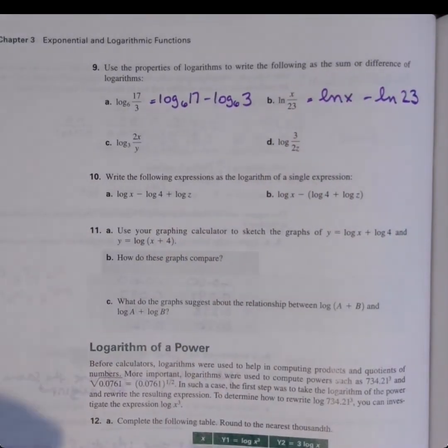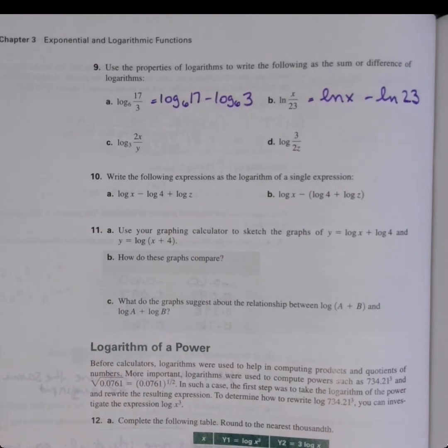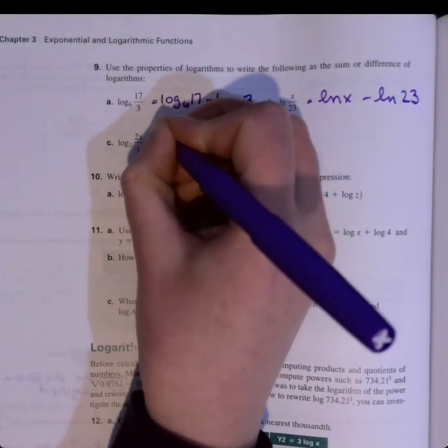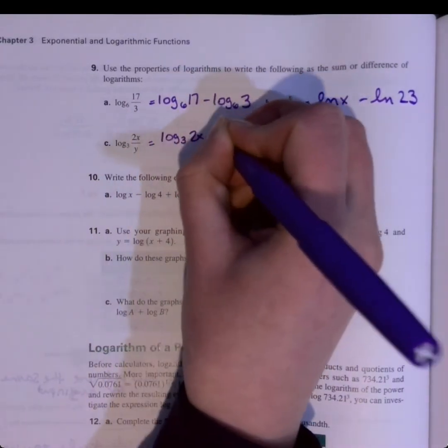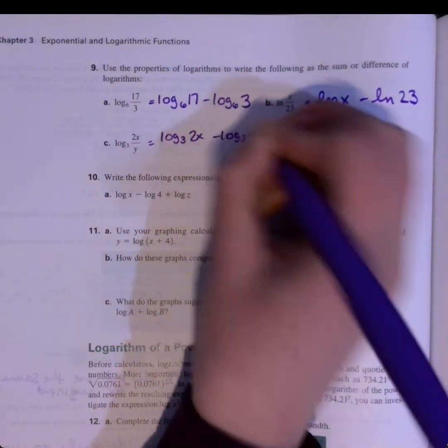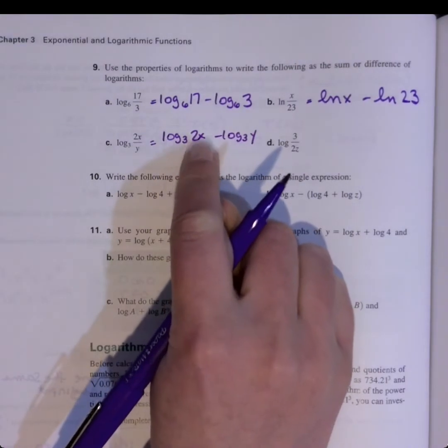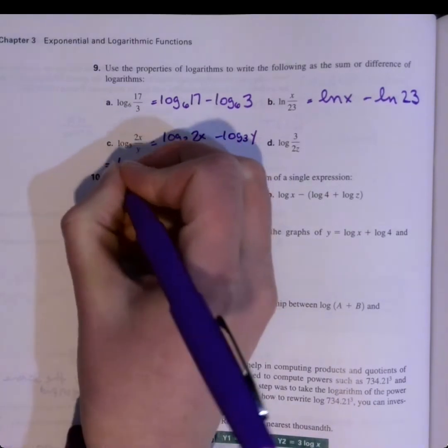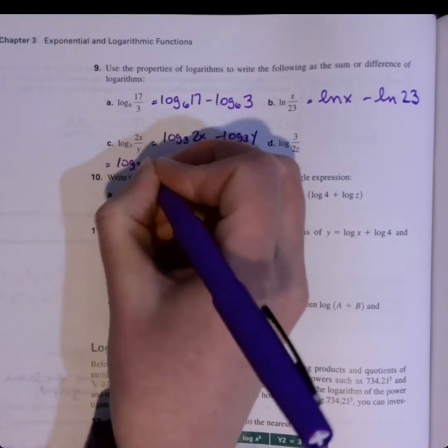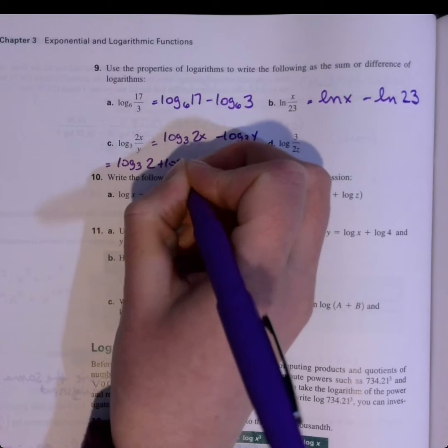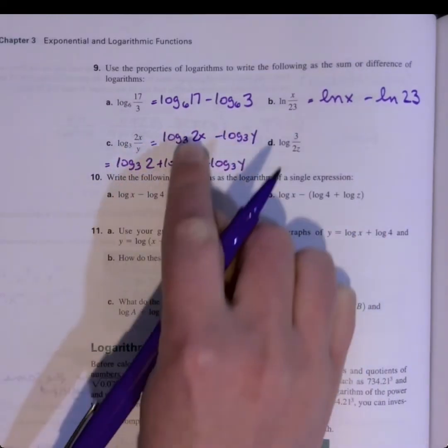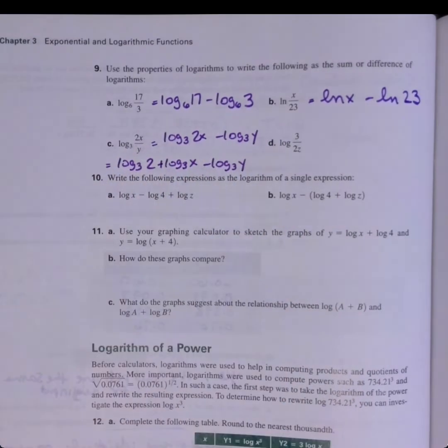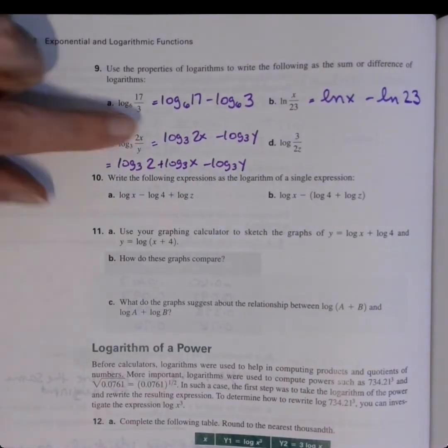Log base 3 of 2x over y is the log base 3 of 2x minus the log base 3 of y. But I have a product right here, so we're going to separate that product into a sum. So this is going to be the log base 3 of 2 plus the log base 3 of x minus the log base 3 of y. So I'm separating my product using the product property of logarithms in addition to the quotient using the quotient property of logarithms.